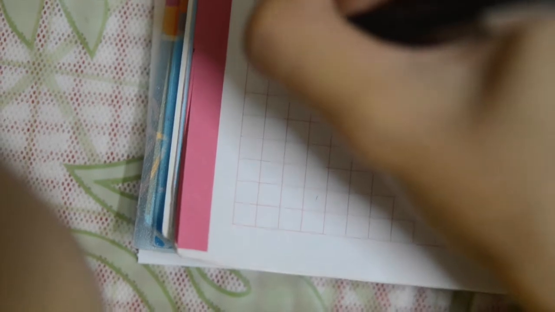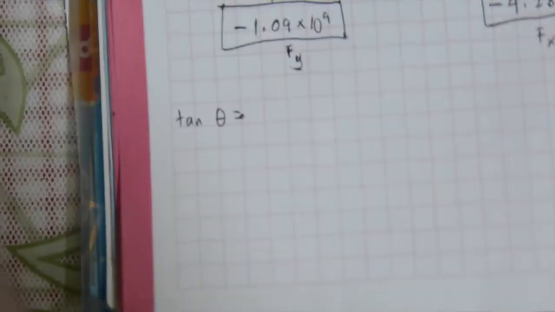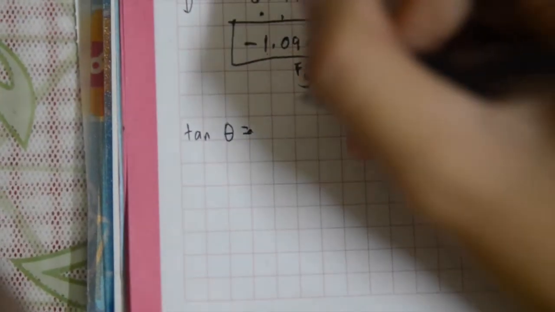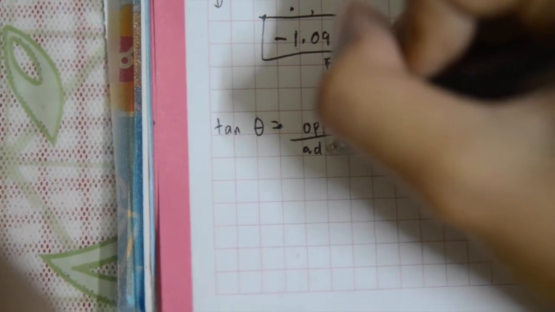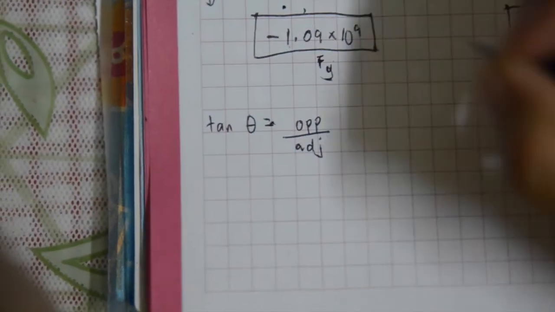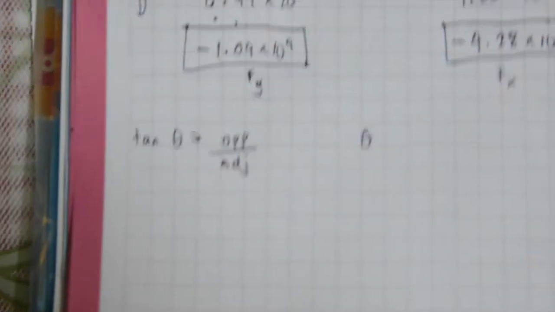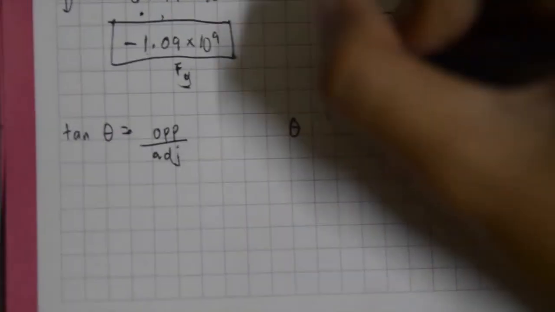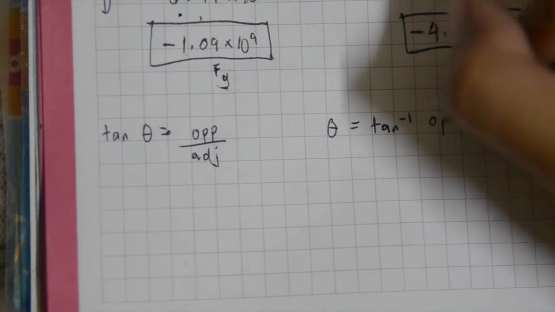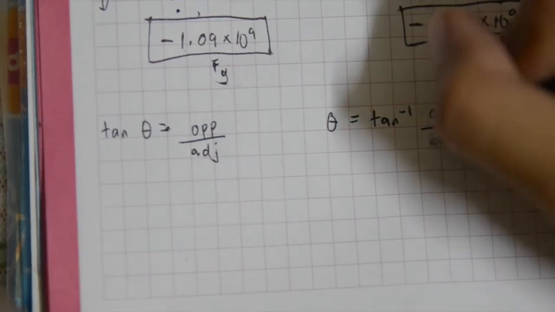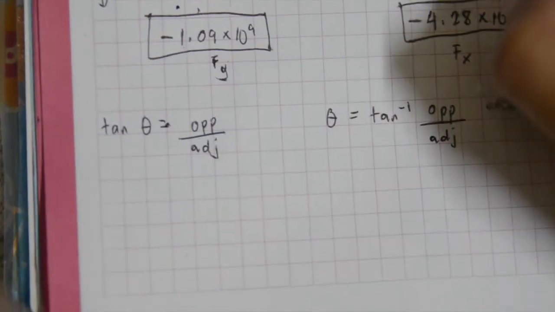So let's use tan theta is equal to opposite over adjacent. We can manipulate that and we'll get tan negative 1 of opposite over adjacent.